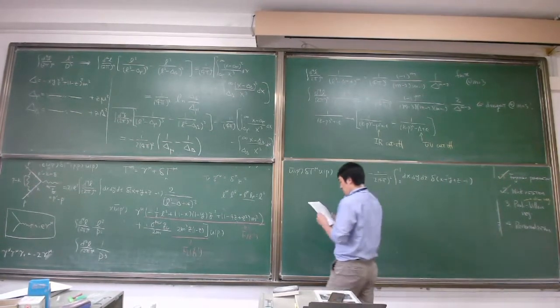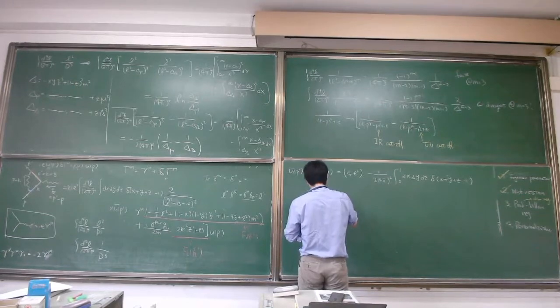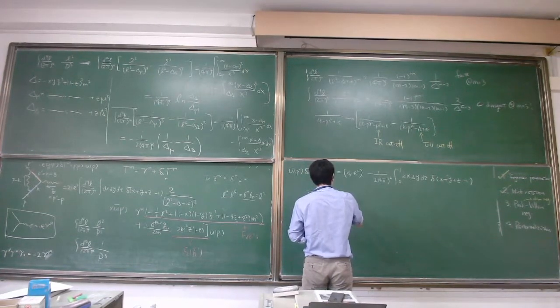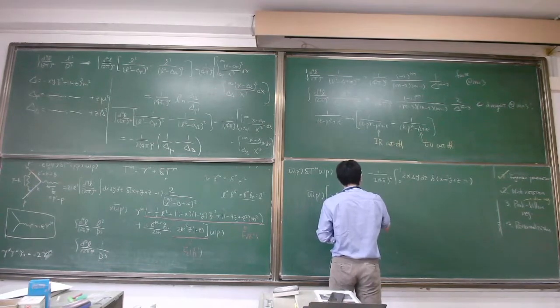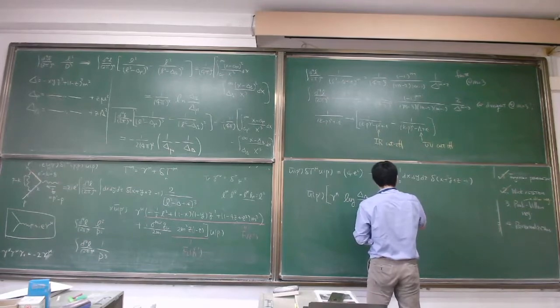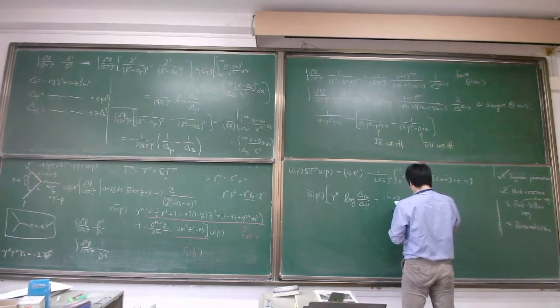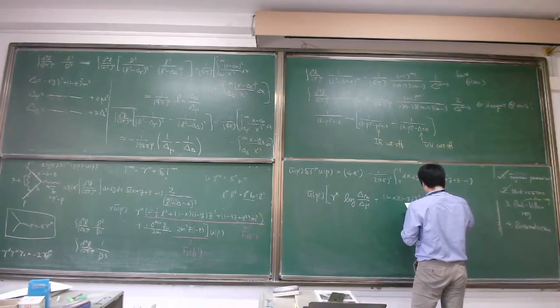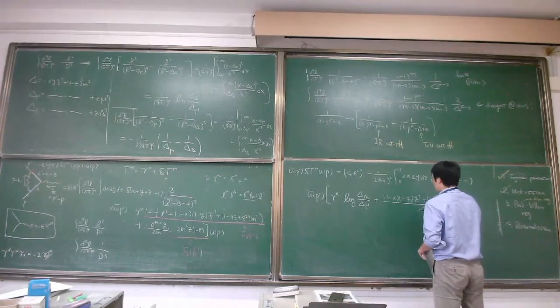And now we have this very simple expression, way simpler than before: gamma mu log of delta lambda over delta mu plus 1 minus x, 1 minus y, q squared, divided by delta.